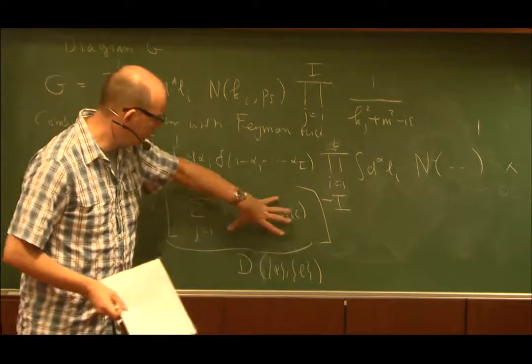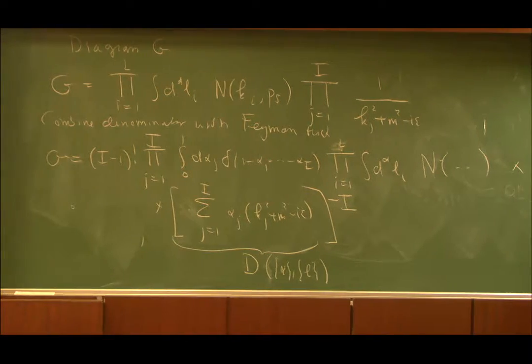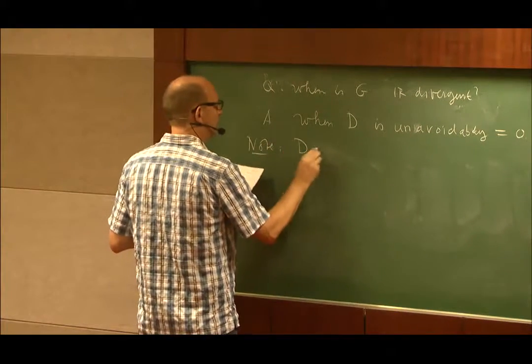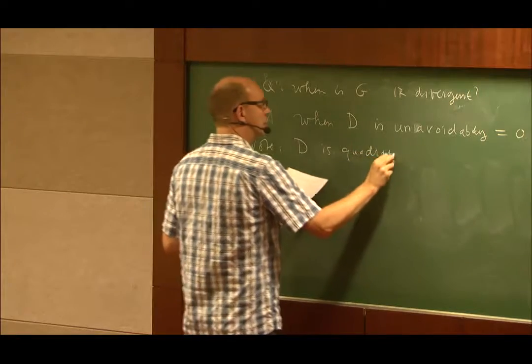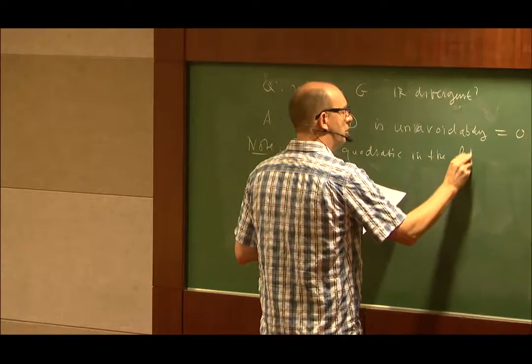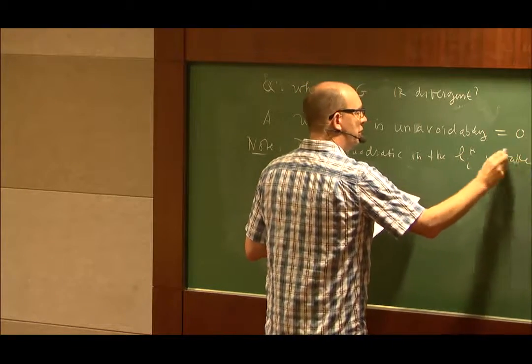Right, so when this denominator is 0, we can provide the conditions for that. So note, D is quadratic in the loop variables l_i^mu. These are the loop integration variables.